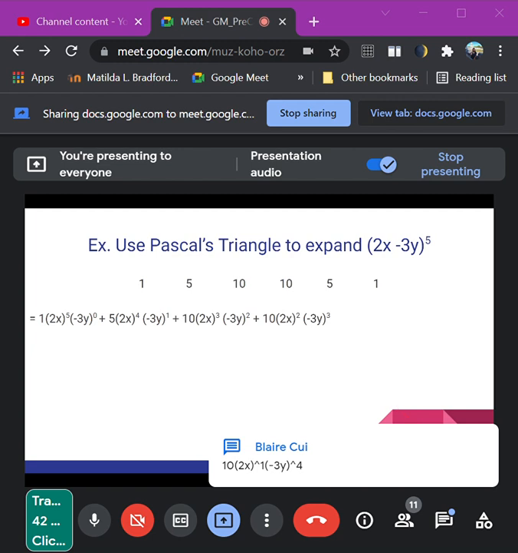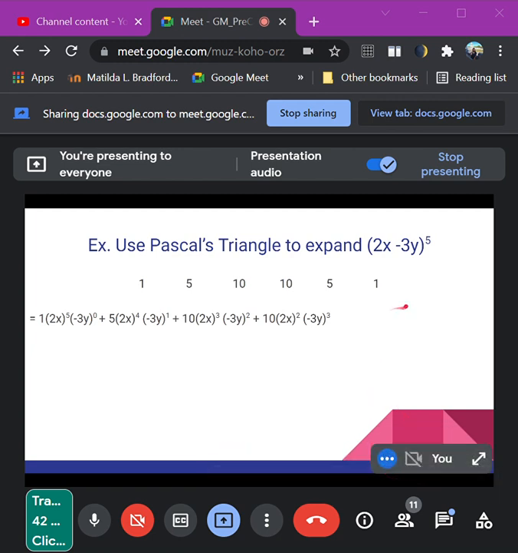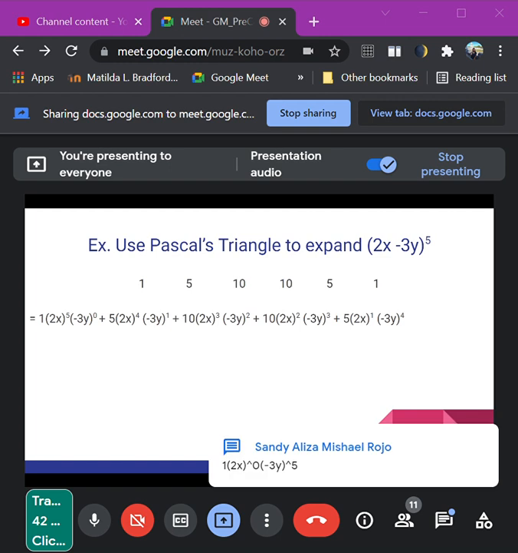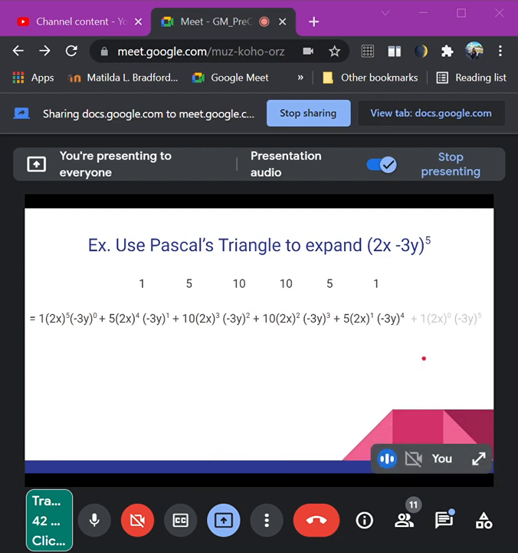Okay, we have 10, quantity 2x raised to the power of 1, quantity negative 3y raised to the power of 4. Very good. And the last one, class, 1 quantity 2x raised to the power of 0, quantity negative 3y raised to the power of 5.